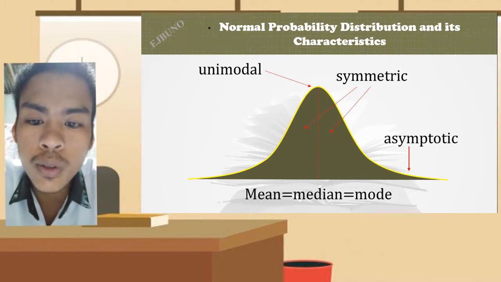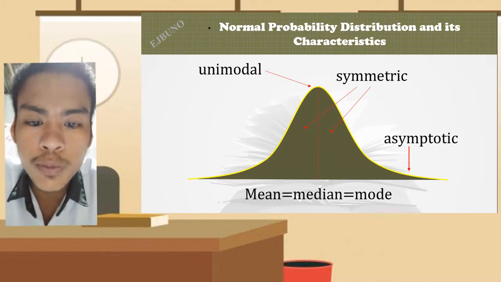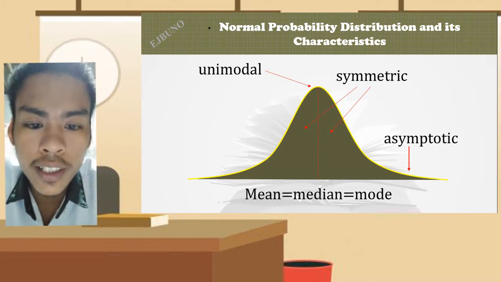There is also only one mode, or peak, in a normal distribution. Normal distributions are continuous and have tails that are asymptotic, which means that they approach but never touch the x-axis. The center of a normal distribution is located at its peak, and 50% of the data lies above the mean while 50% lies below.